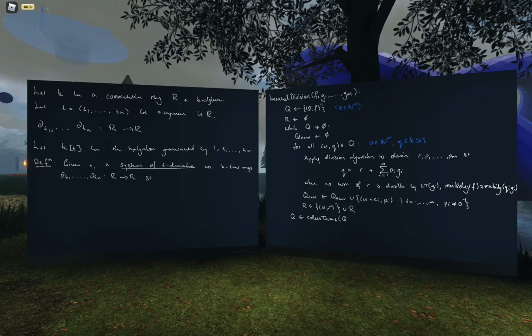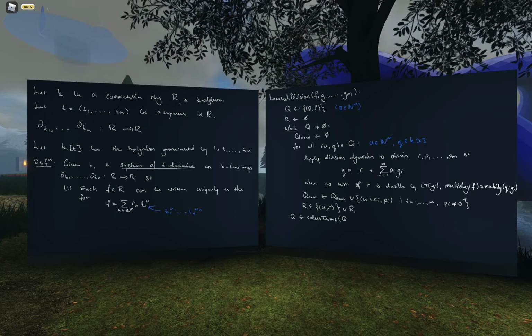satisfying the following. So first of all, each element of R can be written uniquely in the form f is the sum over all multi-indices u of r_u T^u, where by this I mean T1 to the u1 through Tn to the un.